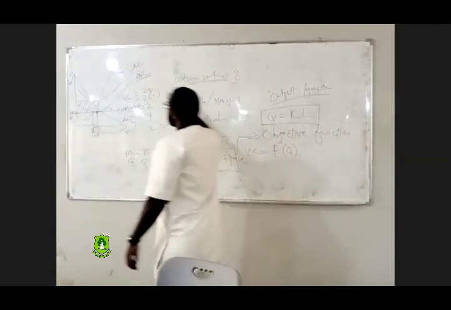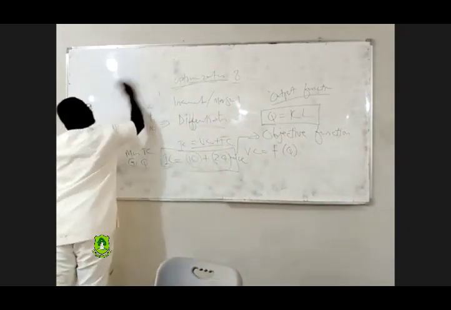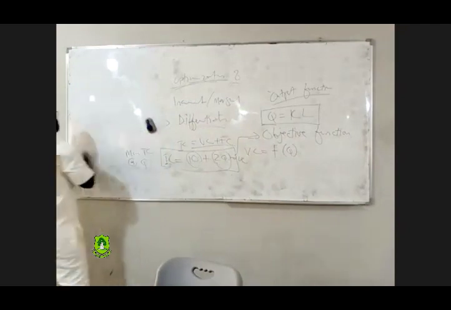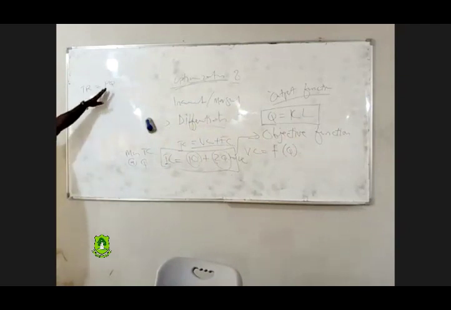If I also give you revenue, and you know total revenue is price times quantity, and I tell you to maximize or optimize total revenue, it means you are maximizing total revenue.